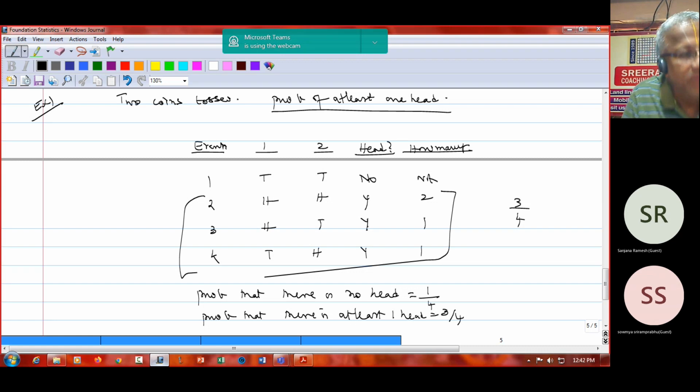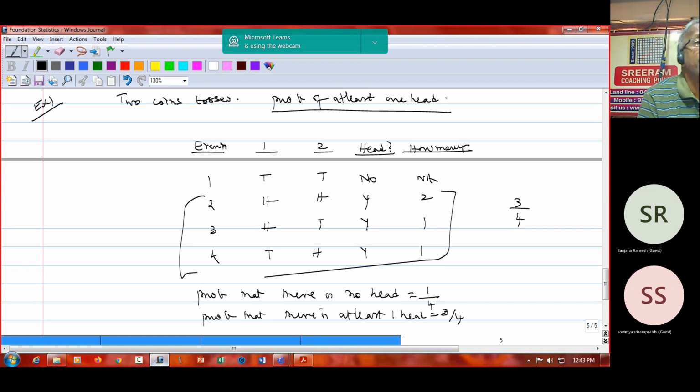See, the same question, I mean the same scenario, can be used. What is the probability that in both occasions head occurs? 1 by 4.